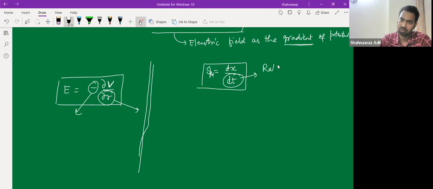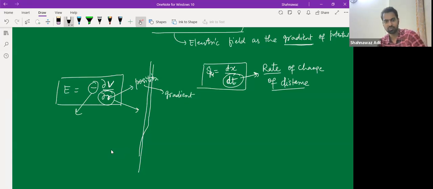So rate of change of position or distance. Whenever we take the change with respect to time, that is called rate. And whenever we take the change with respect to position, this is called the gradient.